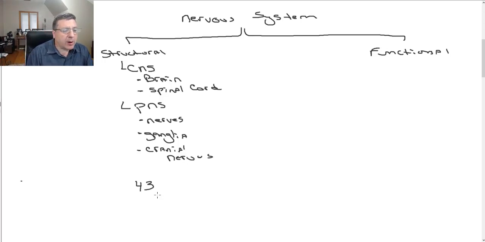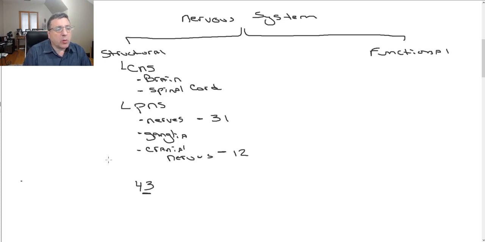Now how that 43 is broken down is we have 12 pairs, so 12 on the left, 12 on the right, 12 pairs of cranial nerves. And then we also have 31 spinal nerves, again, paired, 31 left, 31 right, okay?